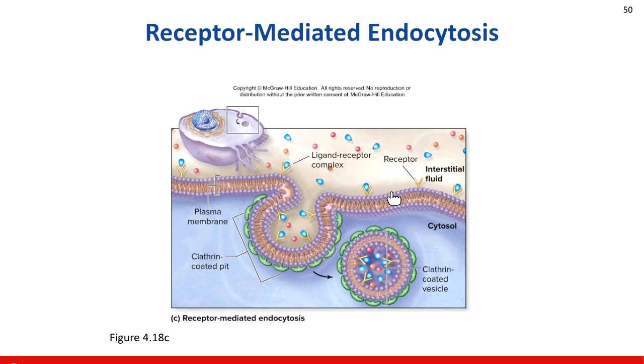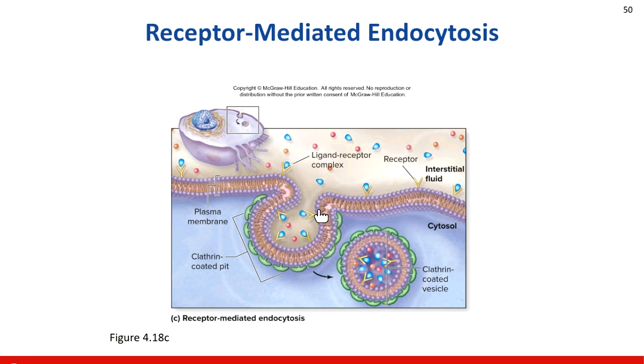So the cell pops them on the outside of it, and then these receptors, as any of those lipids, those HDLs or LDLs, are flying by, will snag them. They'll have a special structure on the outside, kind of like a ligand, but not necessarily, and these receptors will snag the HDL or the LDL, all right?